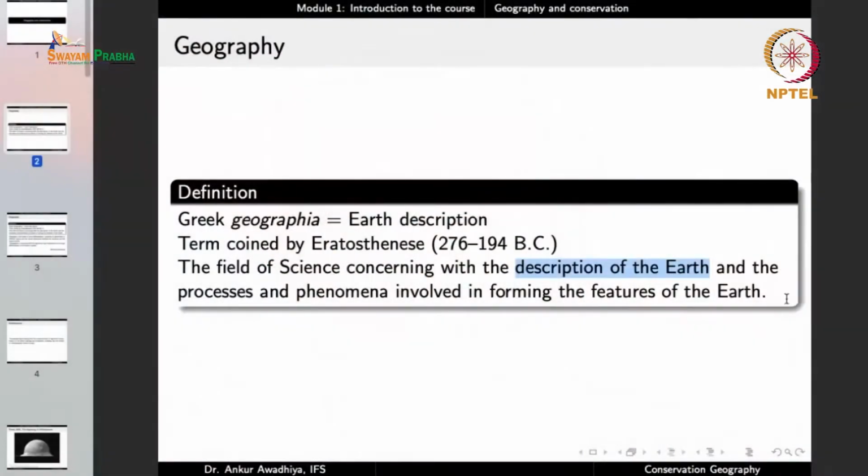What governs them? So we not only describe the earth, but we also describe the processes and phenomena that are involved in forming the features of the earth. So geography, or the science of earth description, is the field of science concerning with the description of the earth and the processes and phenomena involved in forming the features of the earth.